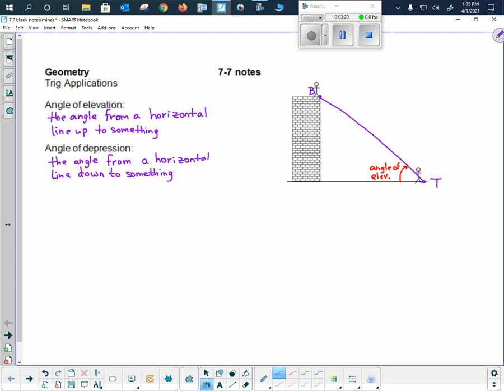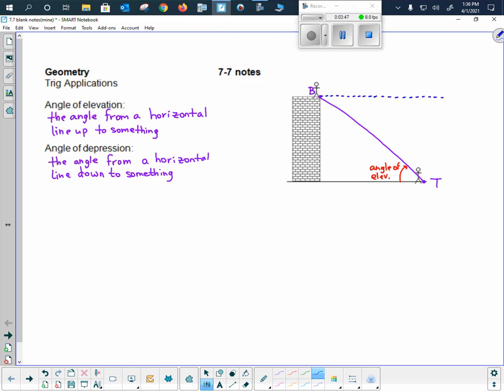Okay, so again, for instance, let's say now it's from something top. So we'll say person B has an angle of depression of like 30 degrees to person T. So it means from their perspective, guys, draw a horizontal line.